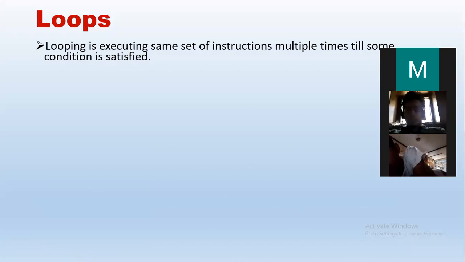That is, a set of instructions is executed many times until a condition is satisfied. So looping is executing the same set of instructions multiple times while the condition is true. Once the condition is false, the control exits from the loop and the loop completes.